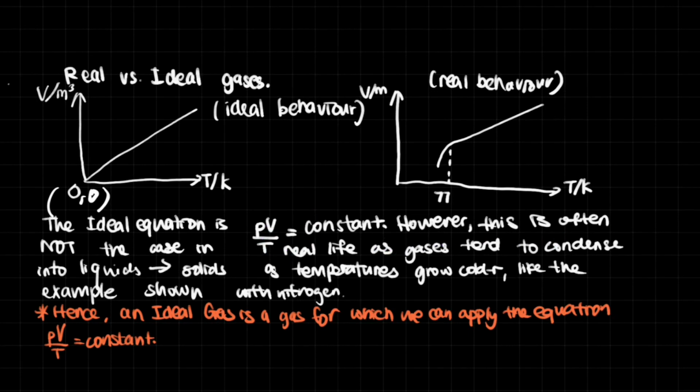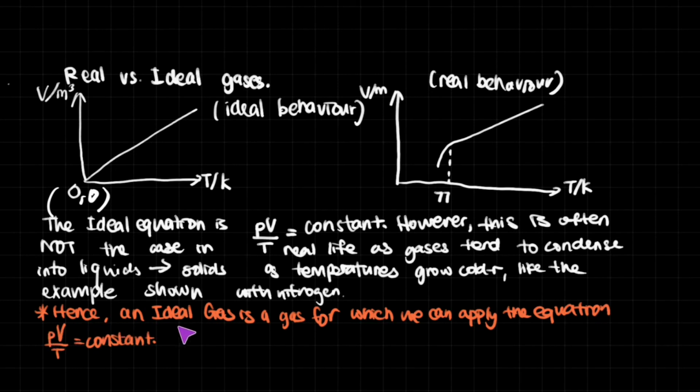However, this is often not the case in real life, as gases tend to condense into liquids and then into solids as temperature gets colder, like the example shown with nitrogen. What we're saying here is that this is only true for this range. As the temperature gets cold enough to reach its change-of-state temperatures, this will not hold true anymore.